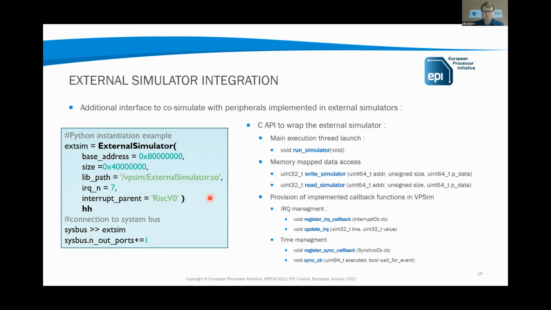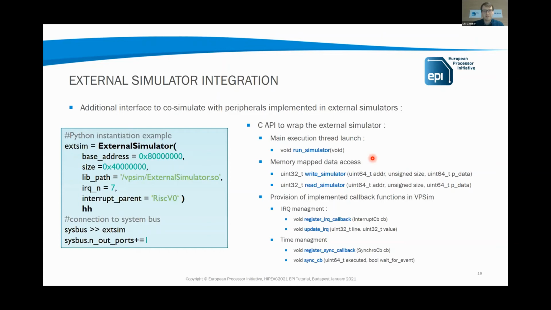So here the interface is pretty simple. There's mainly one main thread, which is called run simulator, which is launched upon simulation startup, and in which the external simulator can implement any thread it needs to actually perform the simulation.